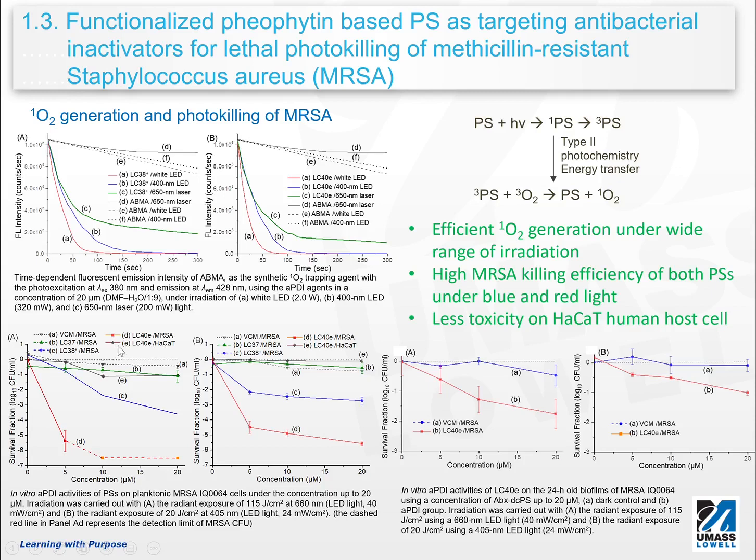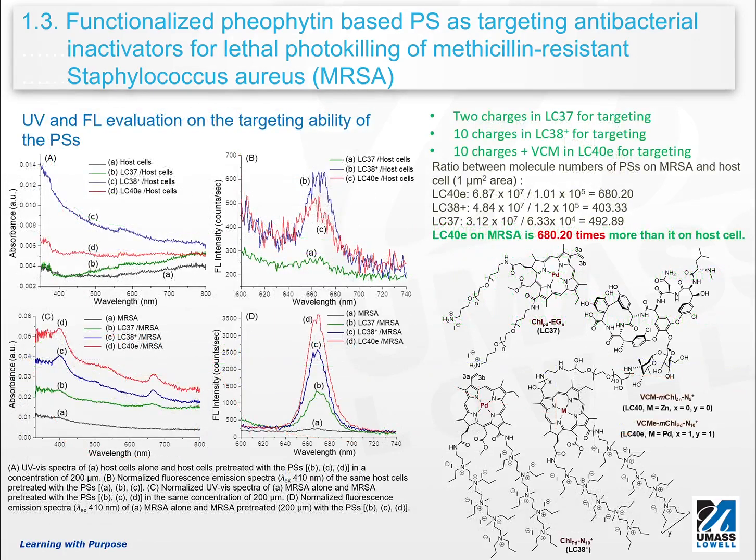If you take a look at this black line E, it almost remains straight. So that means they only have minimal killing ability on the human cell compared with a very high killing ability on MRSA.